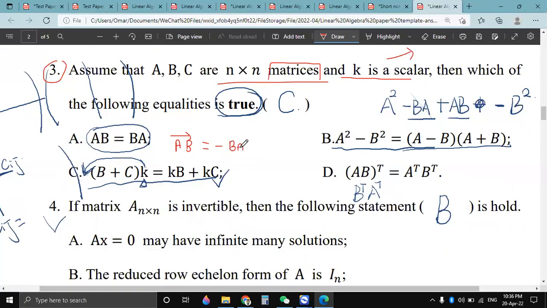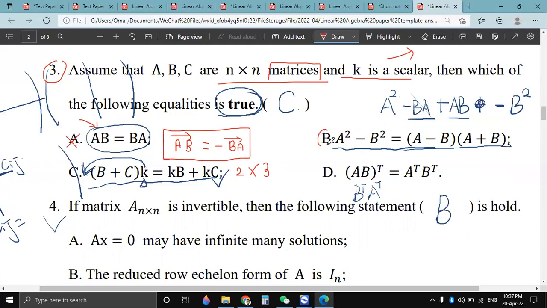If you just exchange their position, it will be this way: AB is equal to minus BA, because this is not just numbers. Vectors also contain direction. So AB cannot be equal to BA. If AB equals BA, then it will be this way: AB equals minus BA. So that's why we can say that this option is not correct.